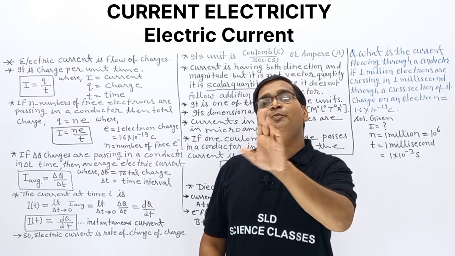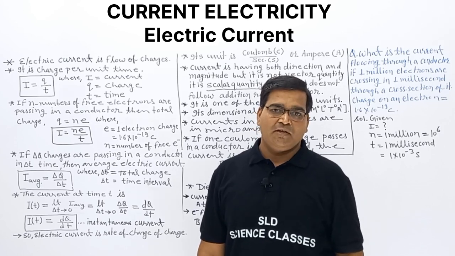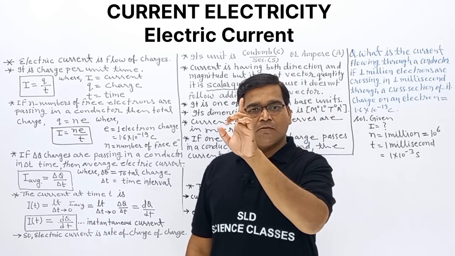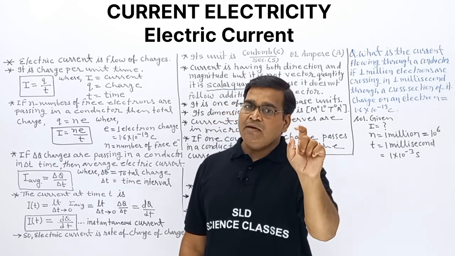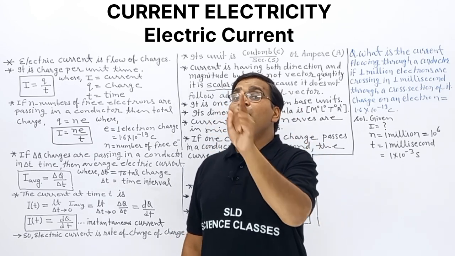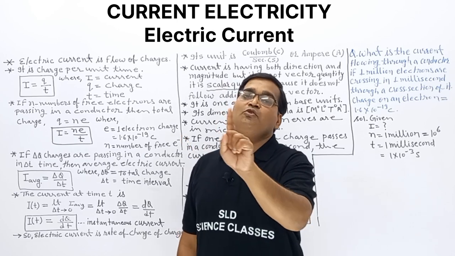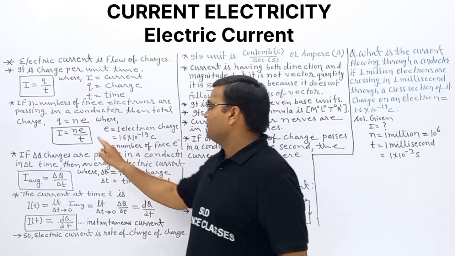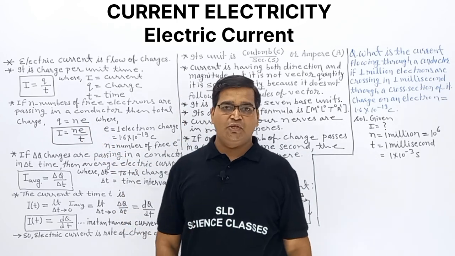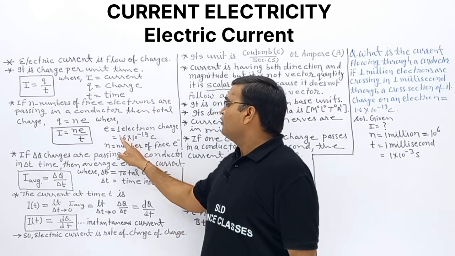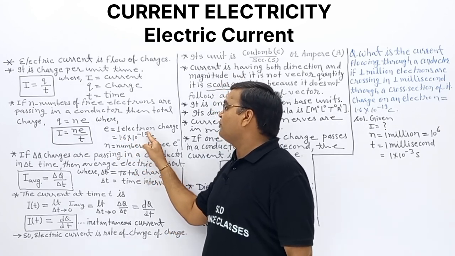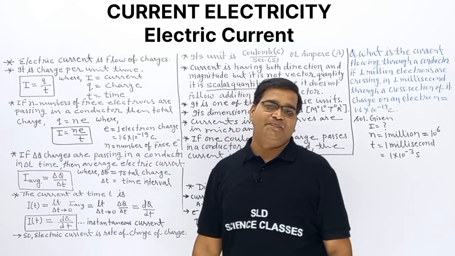We want the charge of the conductor: n free electrons multiplied by the charge of 1 electron. e is the charge of 1 electron, which is 1.6 into 10 to the power minus 19 coulomb.